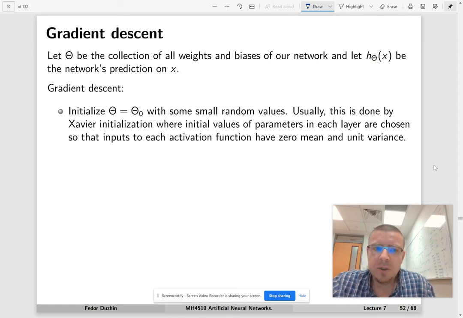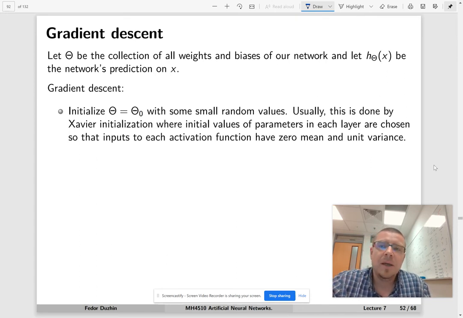Well, in any case, to do gradient descent, we initialize this theta with some small random values. How you do this actually matters. Usually this is done by the so-called Xavier initialization. You don't really have to understand very well how it works, but you need to be aware that if you just initialize everything with zeros, then your network is not going to train at all.